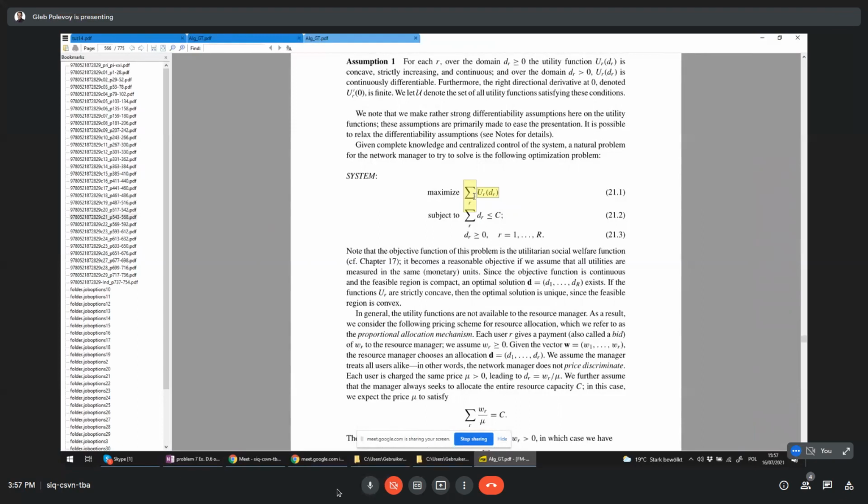Do you recognize the system? Yes, it's basically an optimization problem, maximize utility, assuming that you know everything, the utility function.